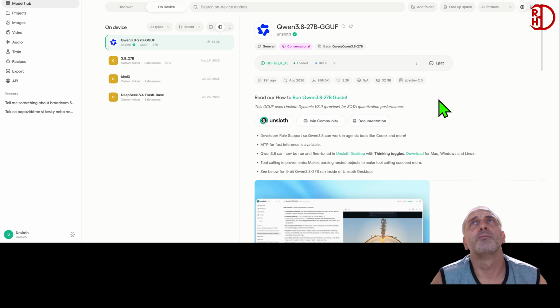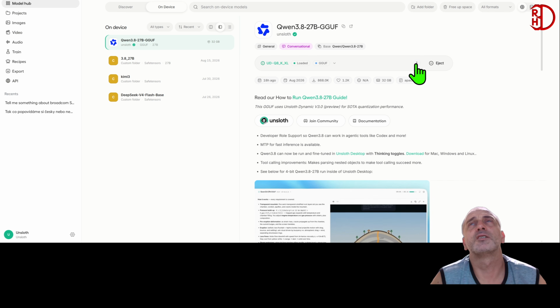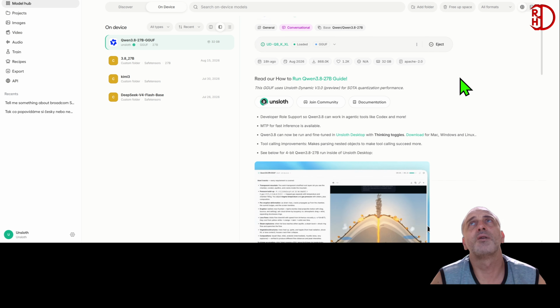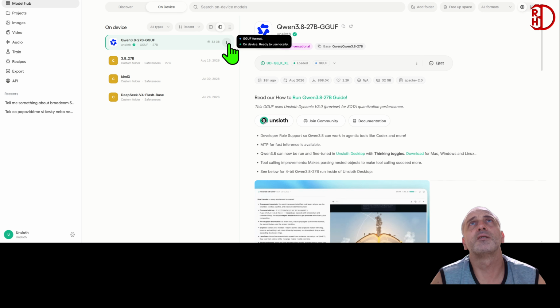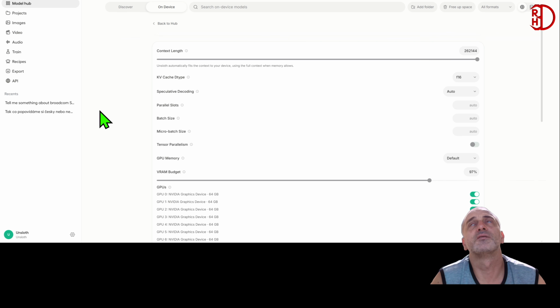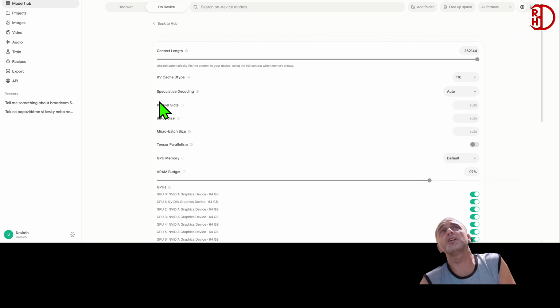There was some kind of settings, and it wasn't so bad. Yes, so you see how I have actually set it. Context length, I put the maximum that is allowed here.